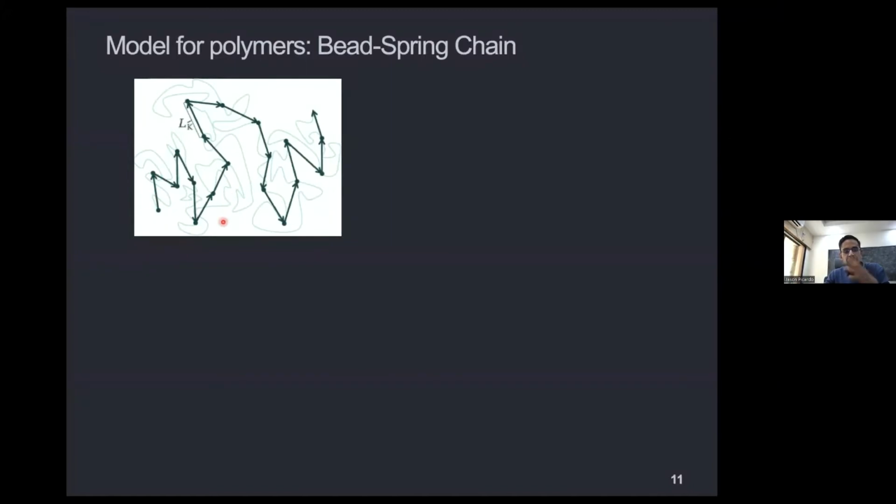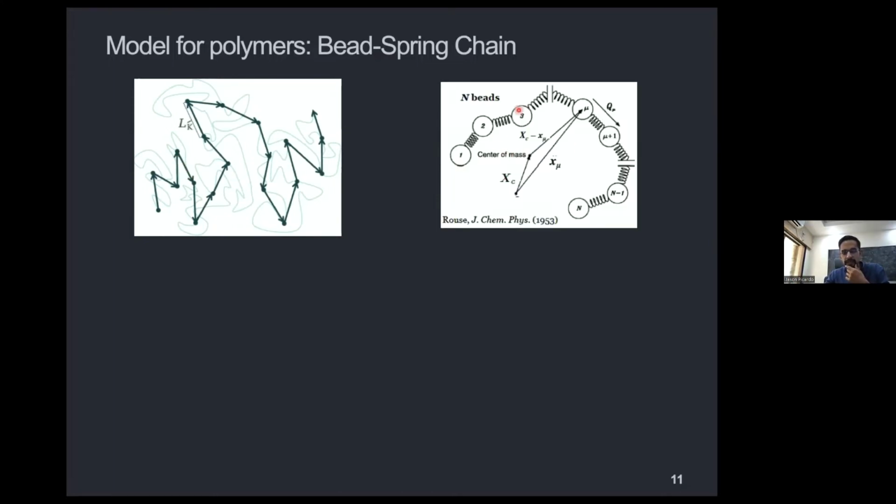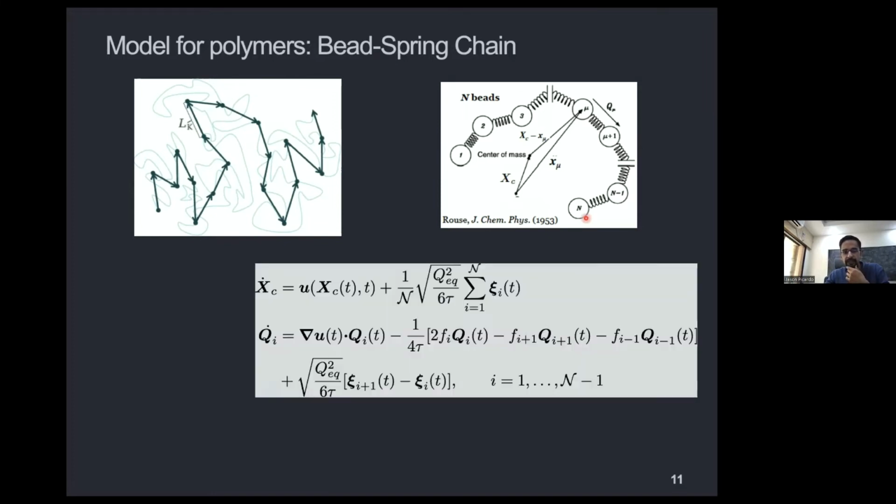The entropic relaxation of the molecule is captured through springs interconnecting these beads. So you have this bead-spring chain represented here. This is the classic Rouse model, if one ignores hydrodynamic interactions and excluded volume interactions.